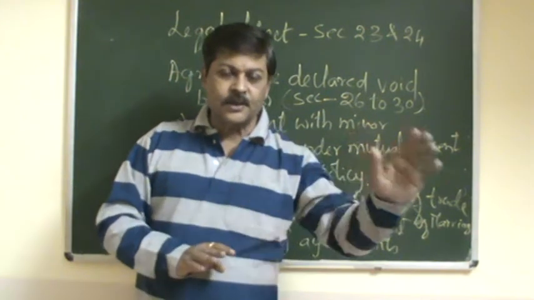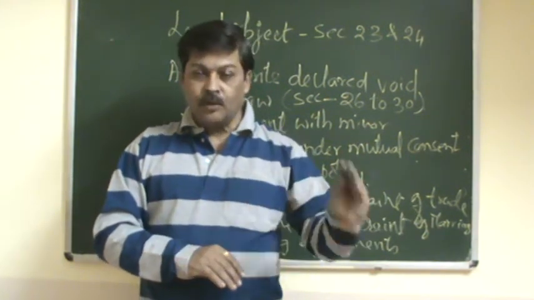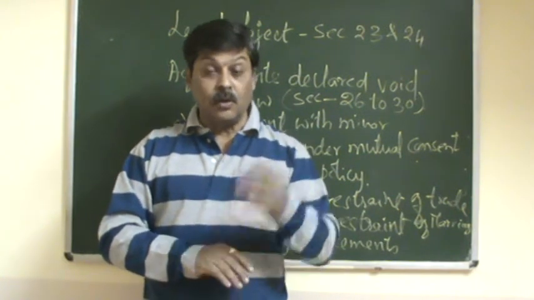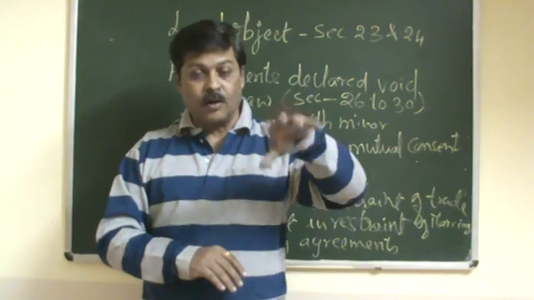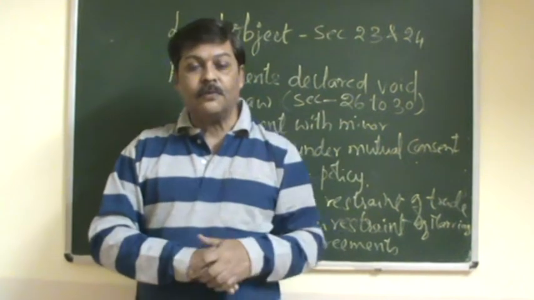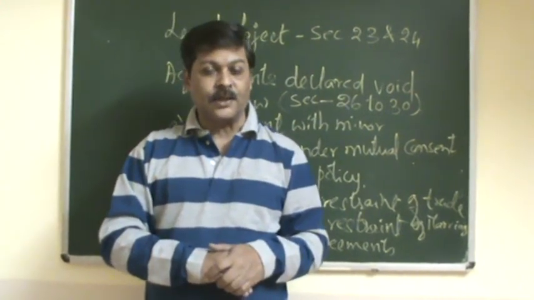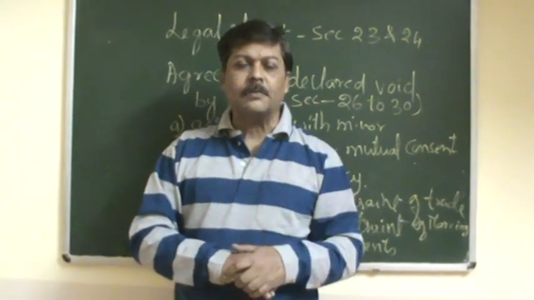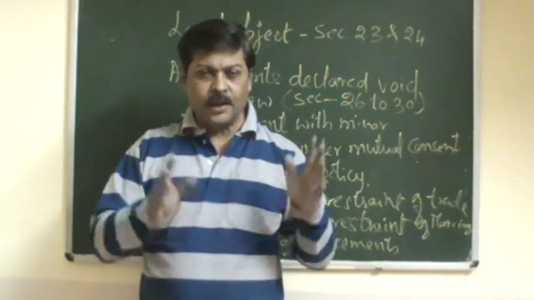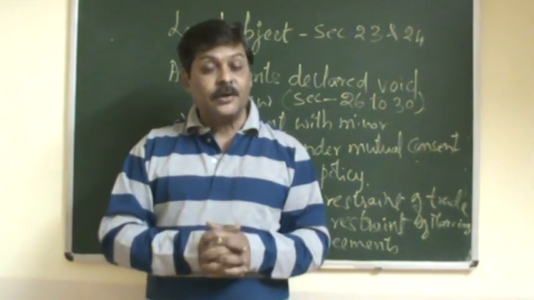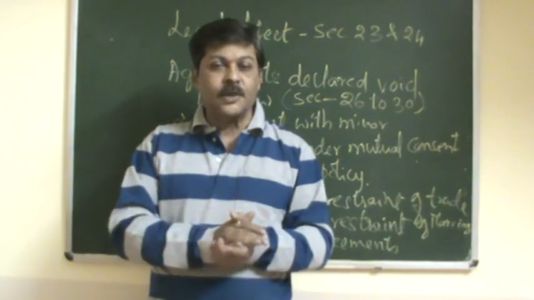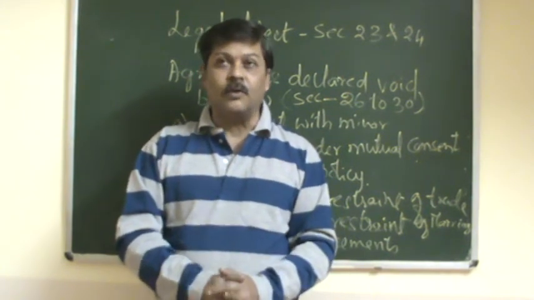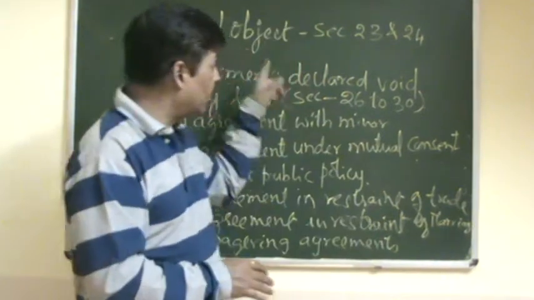The contract is said to be unlawful because the object is unlawful. Instead of using the word contract, the agreement itself is unlawful. We call such agreements illegal agreements. They are not permissible and not entertained in the court of law. If any such subject matter is there, then that object becomes unlawful and it is not enforceable in the court of law.